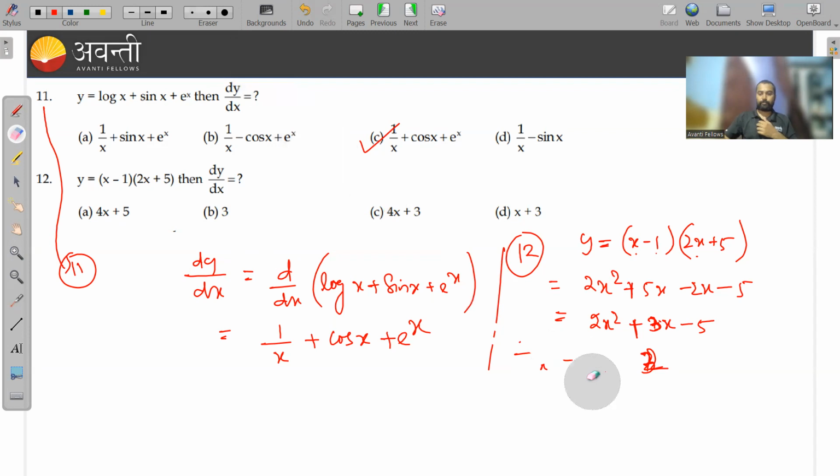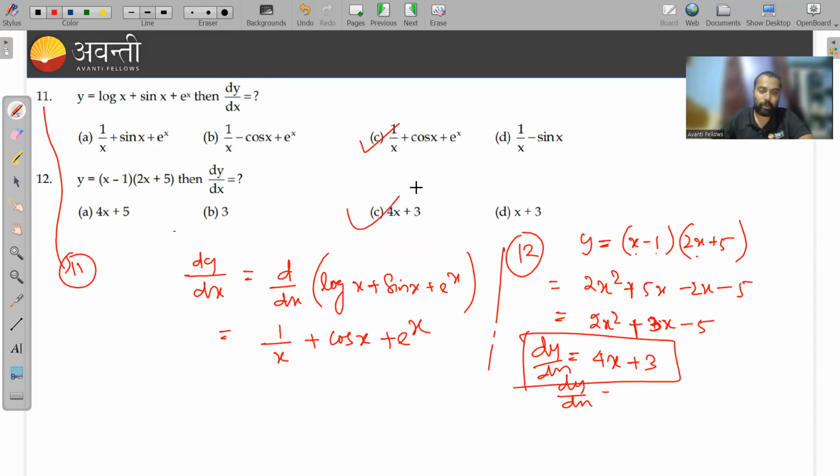Let's see. This becomes 3x, this is minus 5, and this will be 4x plus 3, and this is your dy by dx. 4x plus 3 is your correct answer. Option C is correct, right?